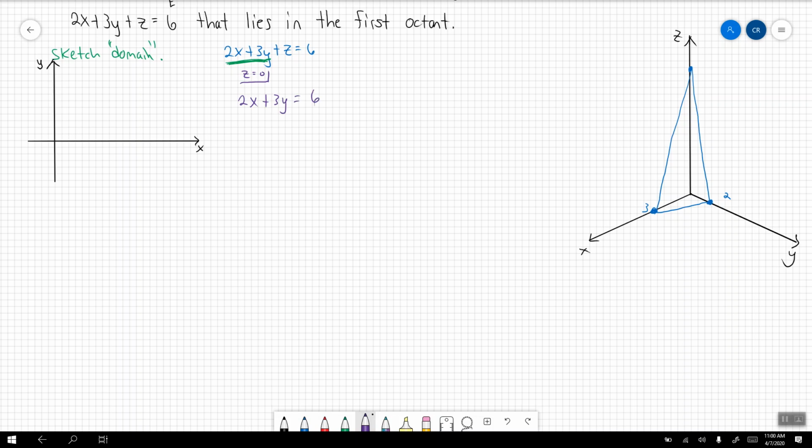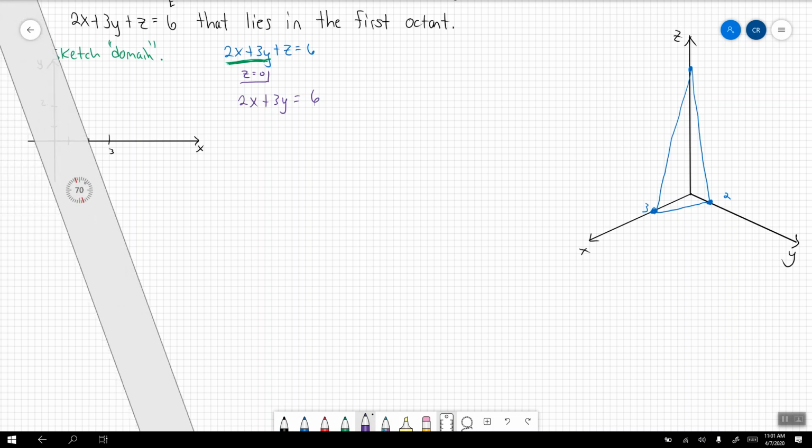And this equation I can go ahead and graph, right? I need 2 points, which means I need x's and y's, but I already have those. X is going to be 3, so I'm going to go 1, 2, 3, and then the y value according to this is going to be 2. So I'm going to draw my line here.